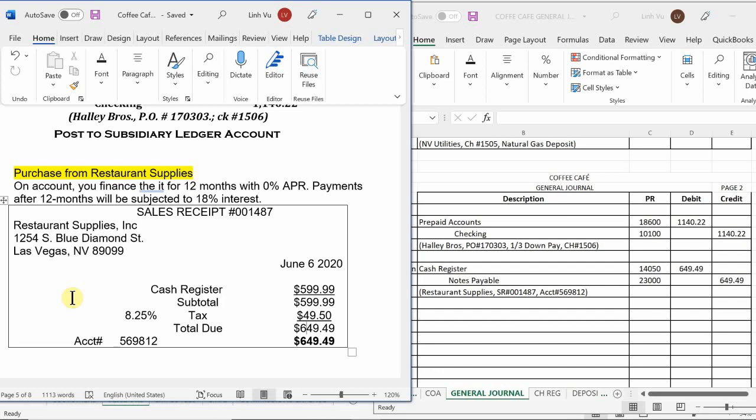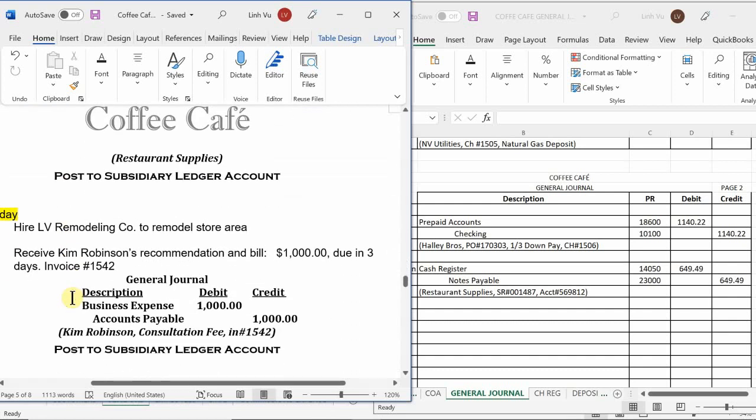But if you do make a payment, then it's going to reduce, obviously. But if you don't make a payment, you have until the 12 months later, and then after that, they start accruing interest, and then you're going to pay more than $649. You're going to pay 18% on top of that. Thank you, teacher.